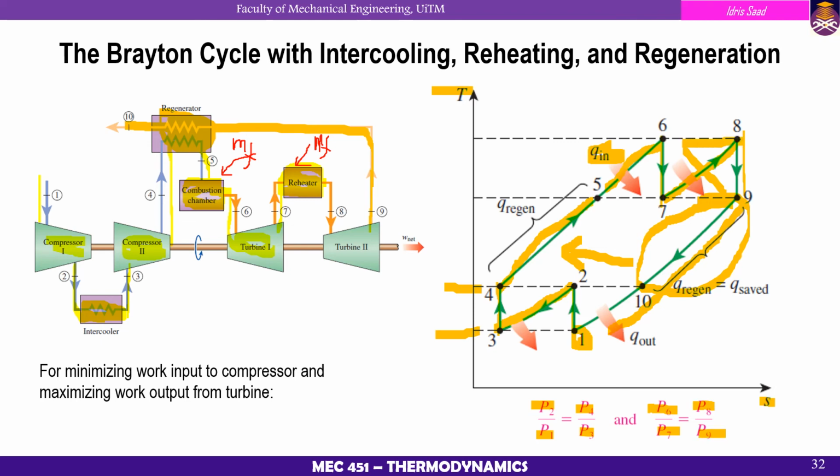So this is P6 over P7, and this is P8 over P9. This is how the Brayton cycle with intercooling, reheating, and regeneration behaves, for the schematic as well as for the TS diagram.